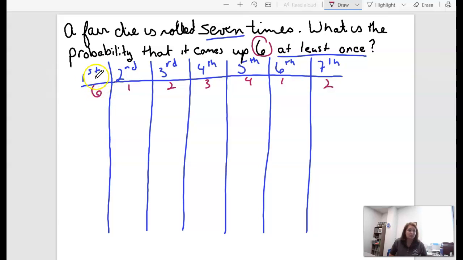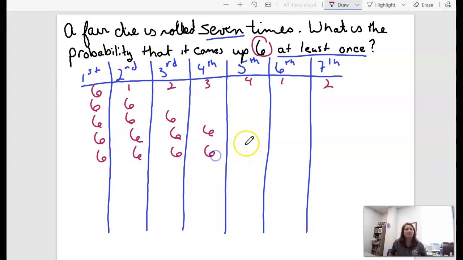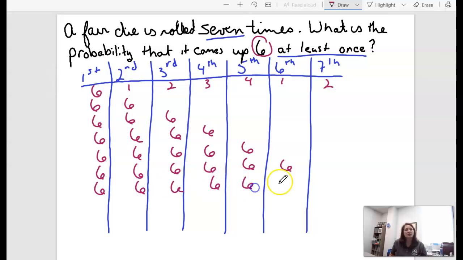But here's the thing. A 6 could come up here, or a 6 could come up here, or a 6 could come up in these 3 places, or in 4 places, or in 5 places, or in 6 places, or in 7 places.